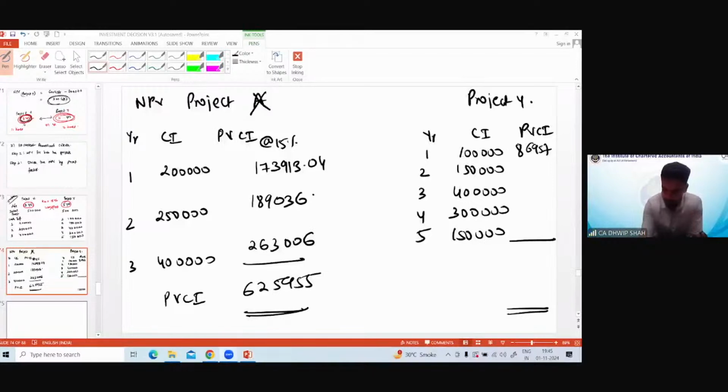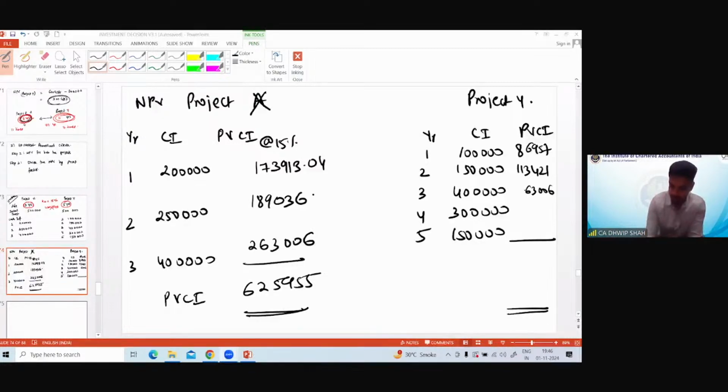Now tell me for all the years. 4 lakh divided by 1.15, press equal to 3 times. 263,006.